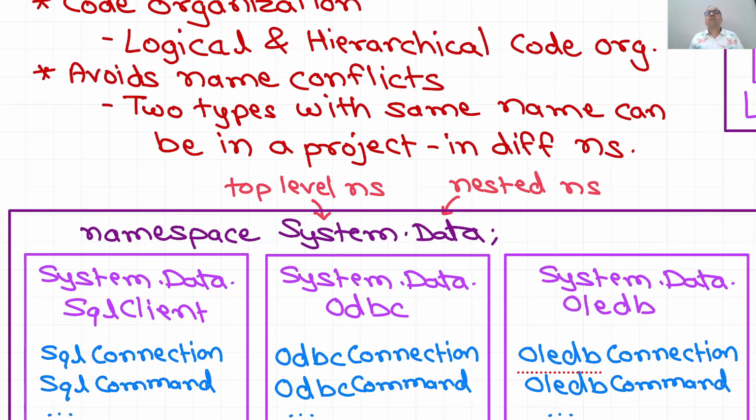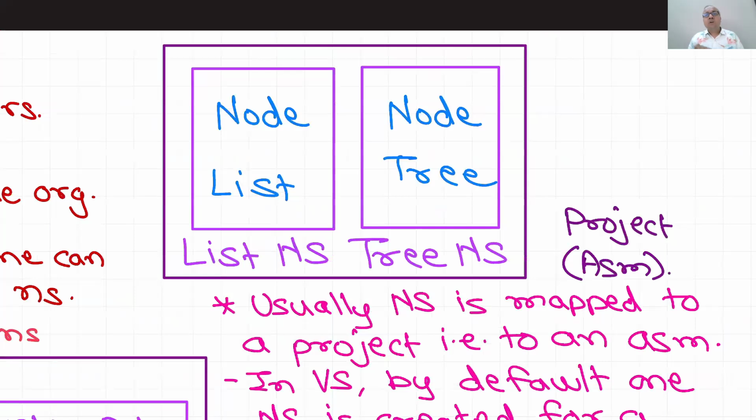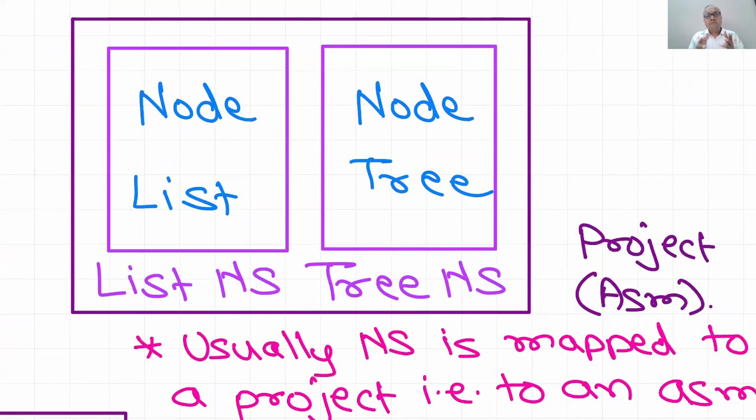I'll give you one very basic, beginner friendly example. Consider that I want to write some data structure code, where I want to create a linked list and I want to create a tree. If you know a bit of data structures, then we need a node for the linked list and we need a node for the tree also.